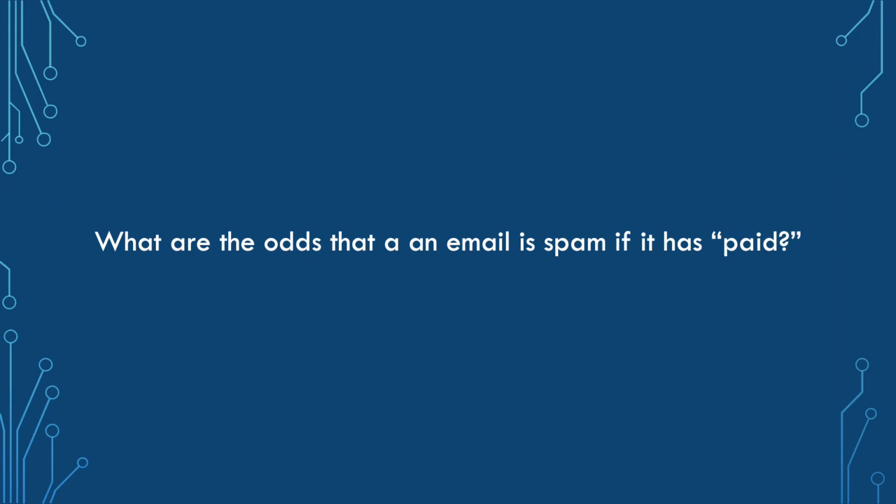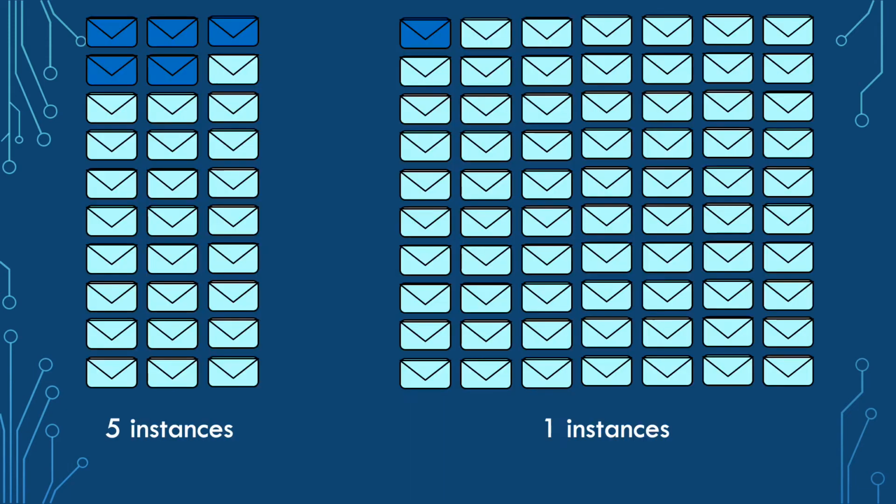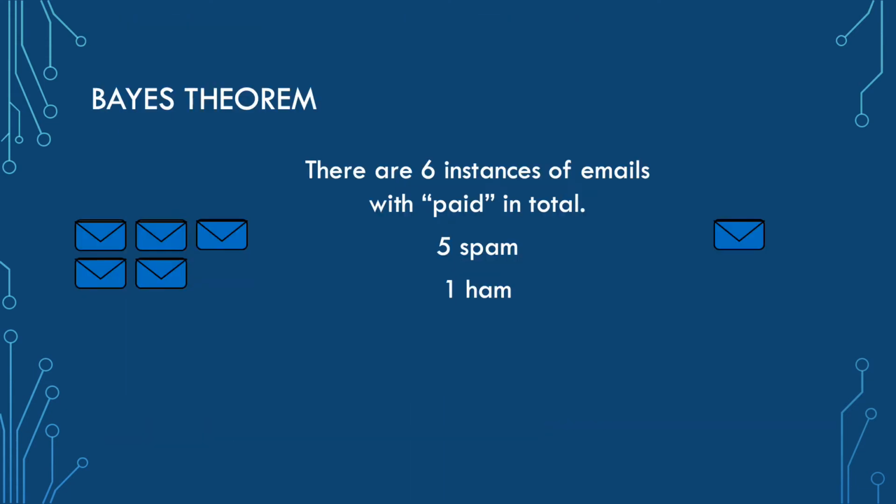Again, however, we are trying to infer what are the odds that an email is spam if it has the word paid. We can again use Bayes' theorem to answer that reverse question that we're really interested in. We note that there are 6 emails in total that contain the word paid in them. 5 of them are spam, 1 of them is a normal email.